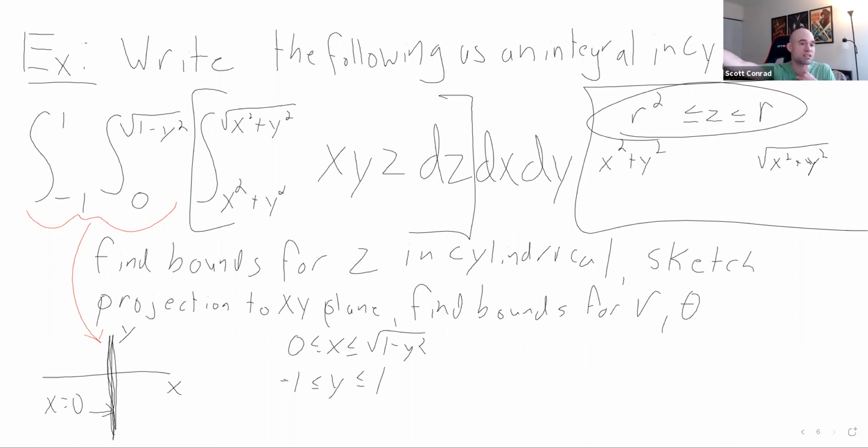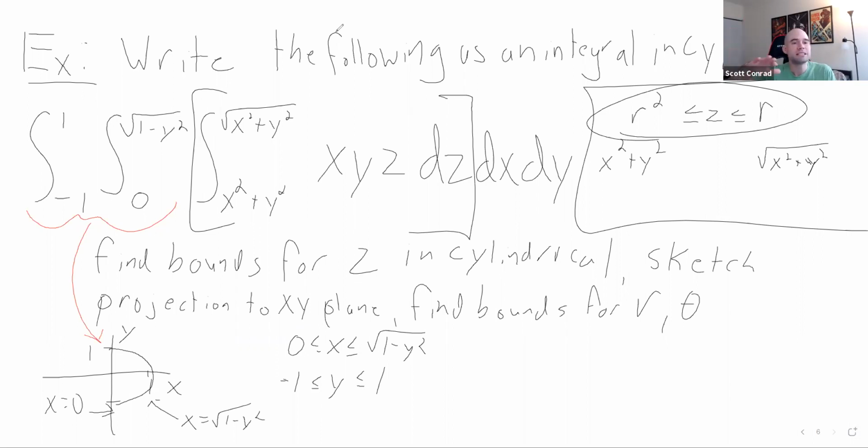And we're looking at the positive part where x is positive. So the right half of that. Okay. So that's the left and right bounds.